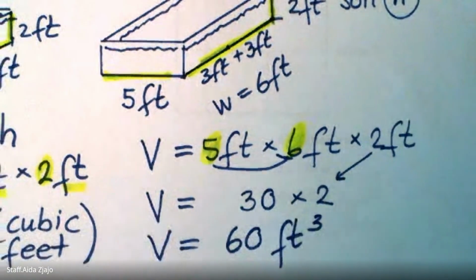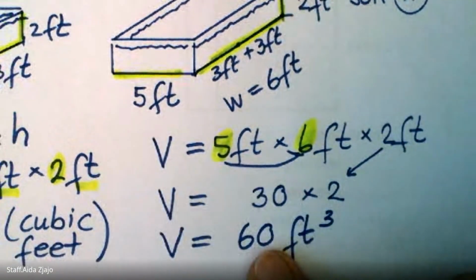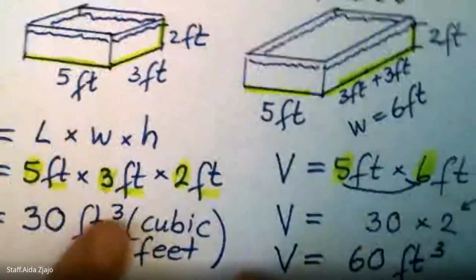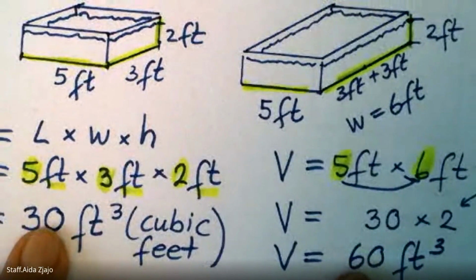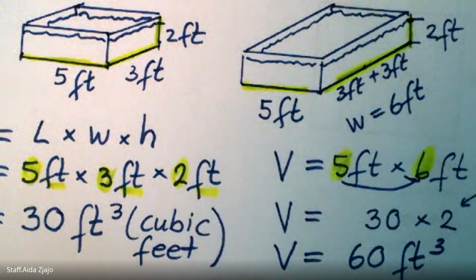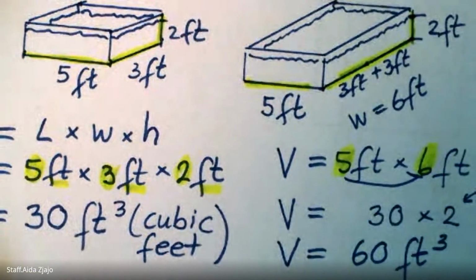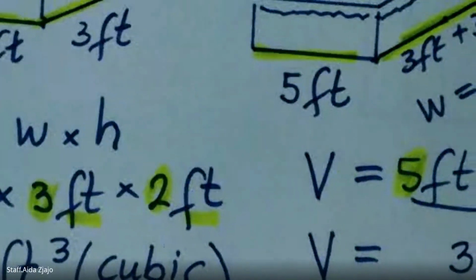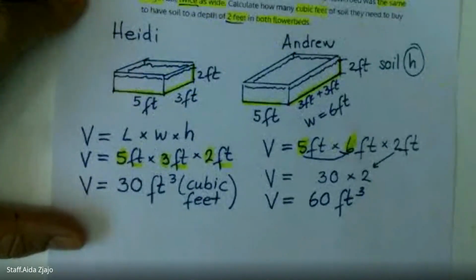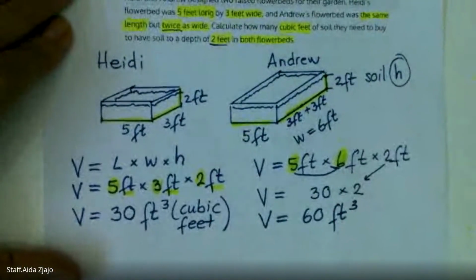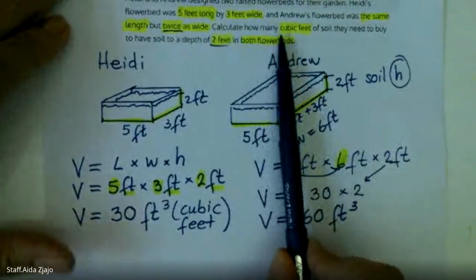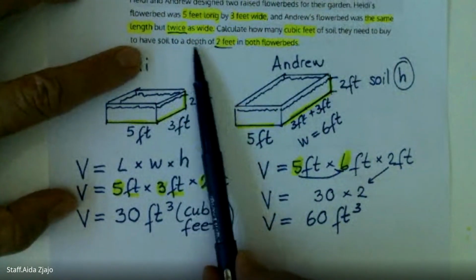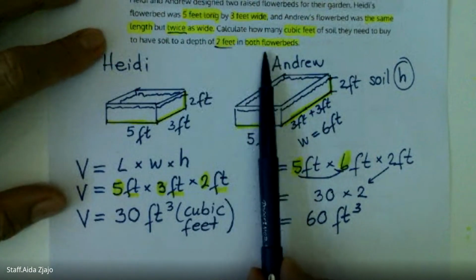So he will need 60 cubic feet, and she will need 30 cubic feet. But together, 30 and 60 makes 90. So that's how many altogether they need. The question was how many, so the answer has to be for both of them. Calculate how many cubic feet of soil they need to buy to have soil to a depth of 2 feet in both flower beds.